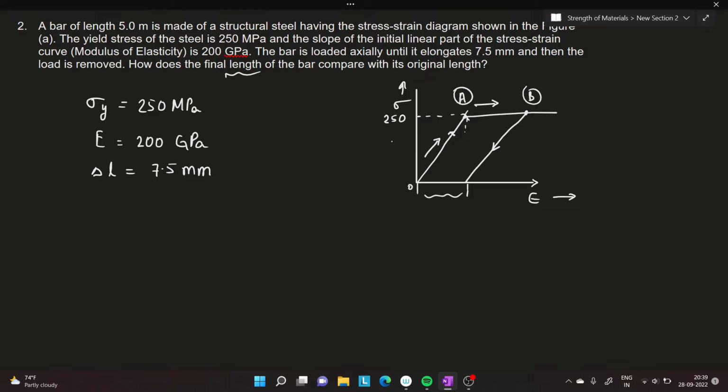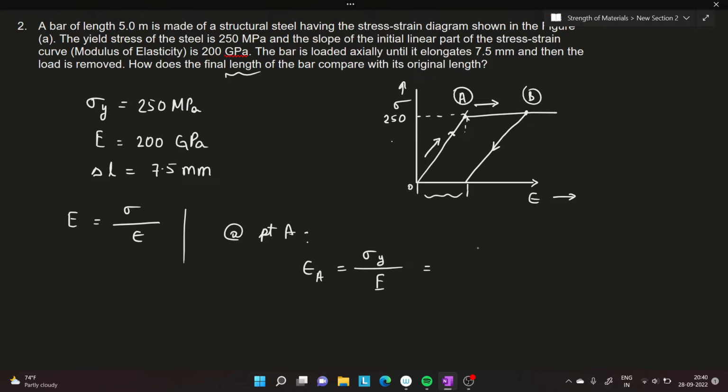So let me calculate the strain at point A, which is the elastic point. Let me call it epsilon A. I'll be using the simple formula, which is the modulus of elasticity is equal to stress divided by strain at any given point. So at point A, epsilon A is nothing but sigma y, that is the yield stress, divided by the modulus of elasticity.